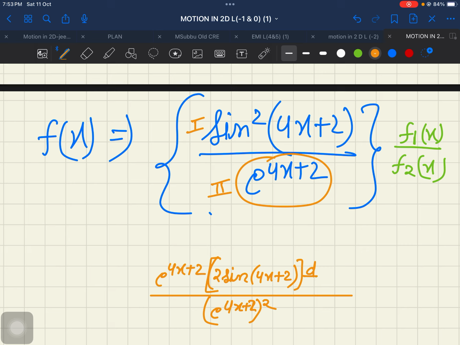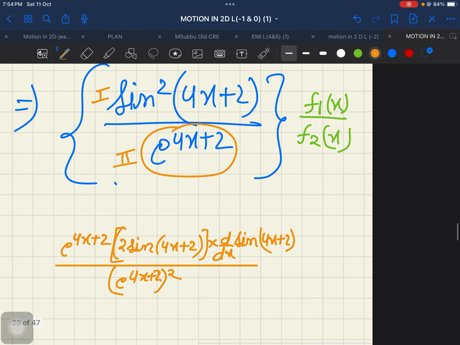We have to multiply with the differentiation of sine of (4x plus 2). So this is it. Then there will be a minus sign.